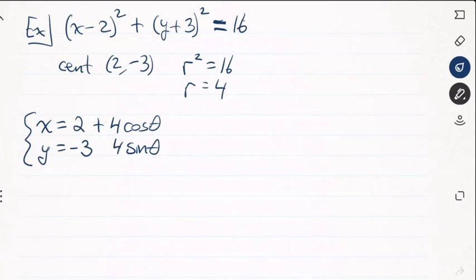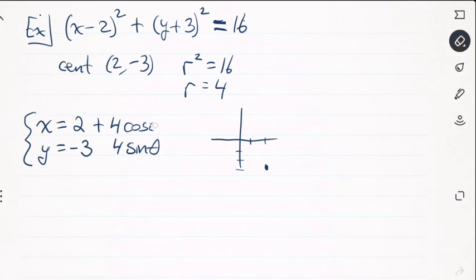And then when theta does its little thing, if I was just dealing with cosine theta, sine theta, we would start at 2, negative 3. 1, 2, 3. And then, I shouldn't call those theta. Those should be t. T for my parameter. You can have a parameter of theta. It doesn't hurt anything.